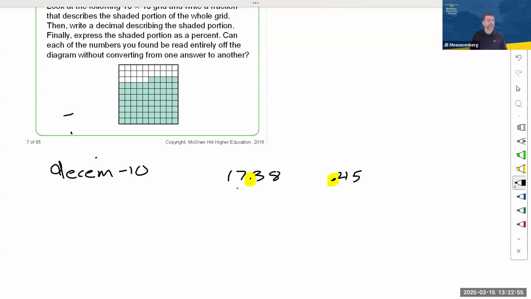If we're getting really technical, a number like this, where we have a whole number and a decimal part, we might call this thing a mixed decimal, because it has a whole number component and a decimal component.